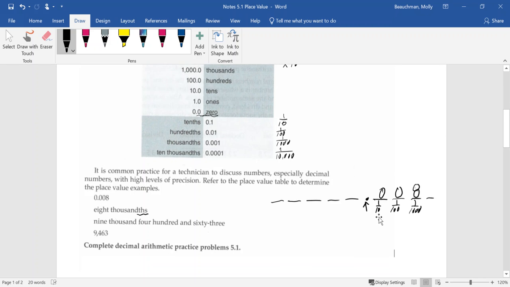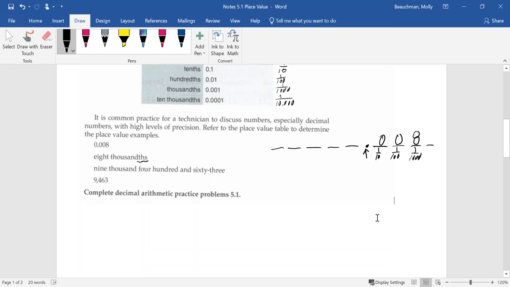Then if we start with a number that's in words and we want to write it out as a value, we start again with the horizontal. We have 9,463, so we don't have any numbers to the right of the decimal point. 9,000 is where we start, so there's the ones, tens, hundreds, thousands.